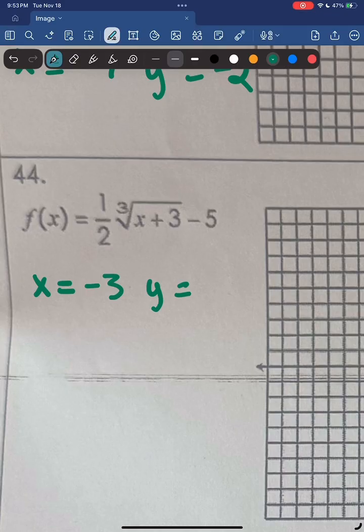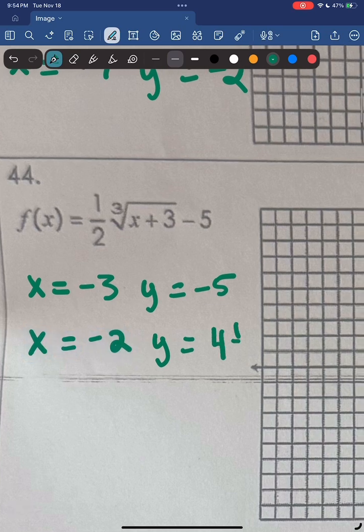Then let's try to get 1. What do we have to plug in to get 1? We could plug in a -2. That's going to give us a -1, and then -1 times 1/2 is -1/2, minus 5 is equal to -5 1/2.